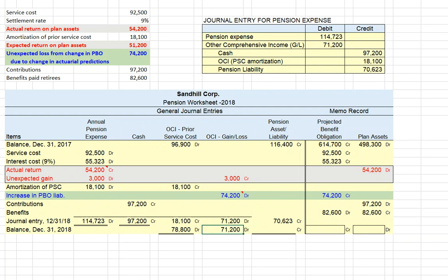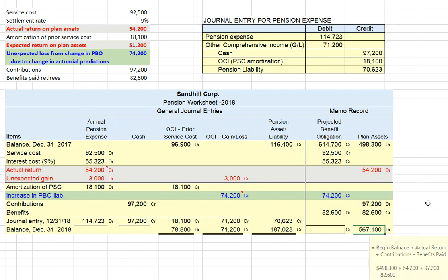We have other comprehensive income related to gains and losses on our pension plan assets and changes in pension benefit obligations of $71,200. And we're going to check and make sure that our pension plan assets and projected benefit obligation tie in with our net pension liability.